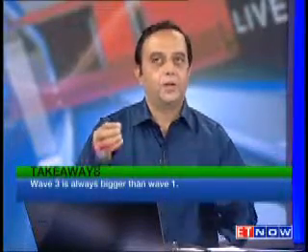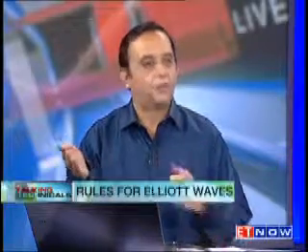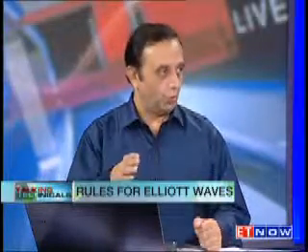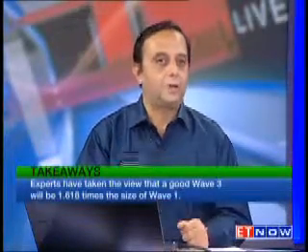So, even though Elliott didn't do it, subsequent practitioners have taken the Fibonacci sets of ratios and brought it into play along with Elliott wave, saying that a good wave 3 will be at least 1.618 times the size of wave number 1.